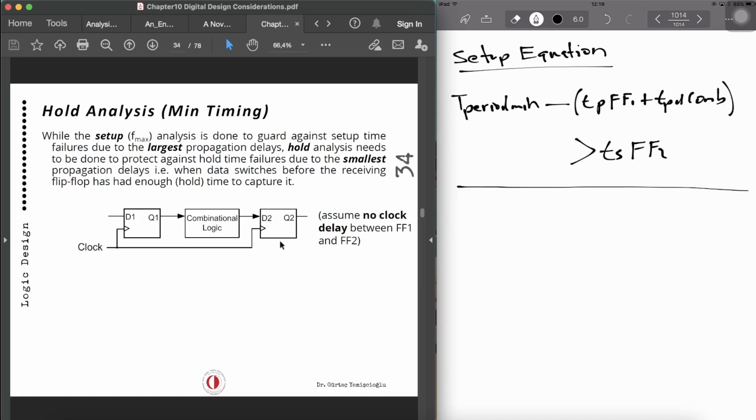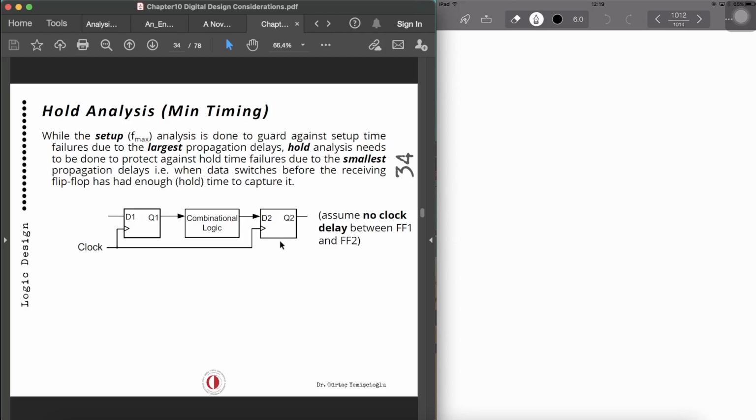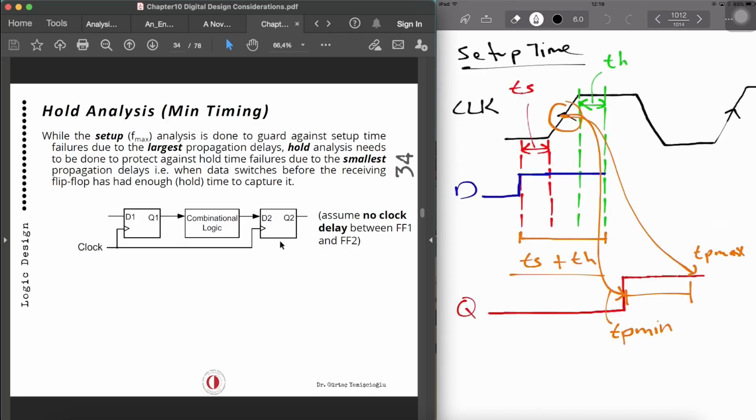Then we also have the hold time analysis. Now, while the setup analysis is done to guard against the setup time failures for the largest propagation delay, the hold time analysis has to be done for the smallest propagation delay. So again, if I go back to here, if my input is going to change somewhere there, then that will violate the hold time.